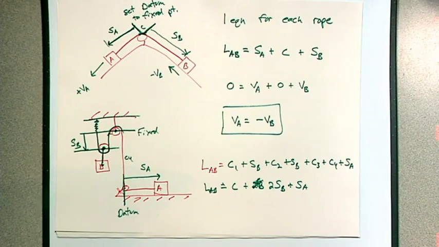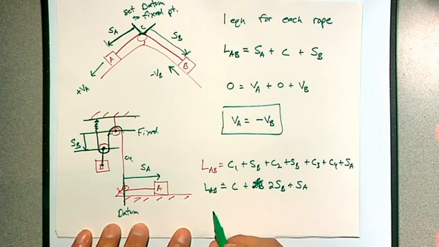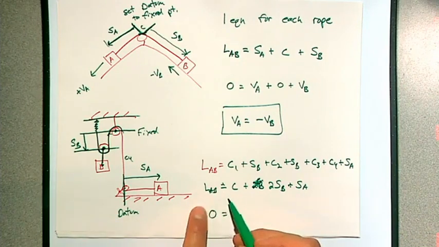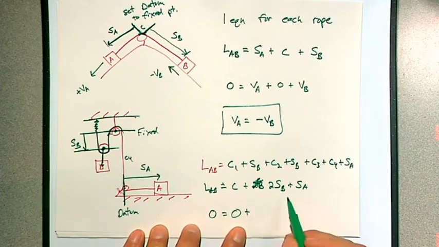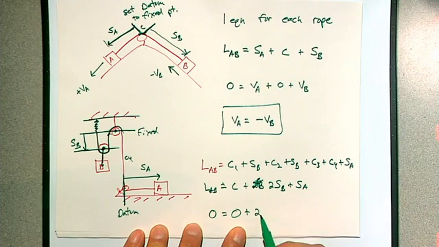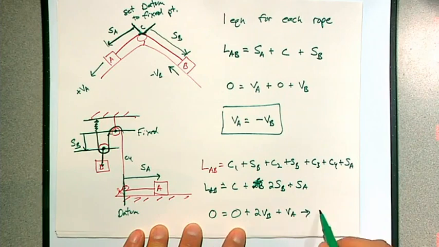Just like we did before, take the derivative. Rope isn't changing length, set that equal to 0, because it's not changing. My constant falls out. My 2 times the position of B goes to 2 times the velocity of B, and position of A goes to the velocity of A. So this leaves me with 2VB equal to minus VA.